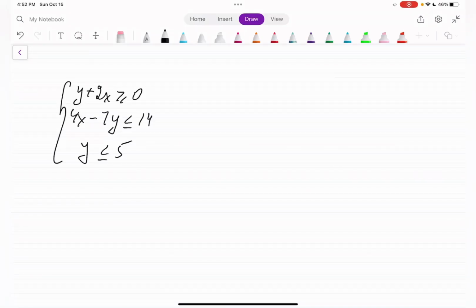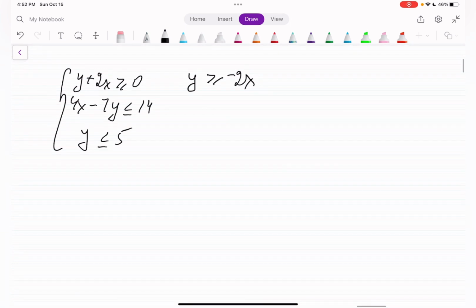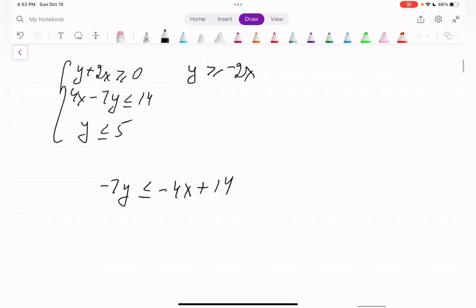Which means the first one is going to look like y is greater than or equal to negative 2x. And the second one, 4x minus 7y less than or equal to 14, becomes negative 7y less than or equal to negative 4x plus 14. We divide by negative 7, which means the inequality is going to flip here also.